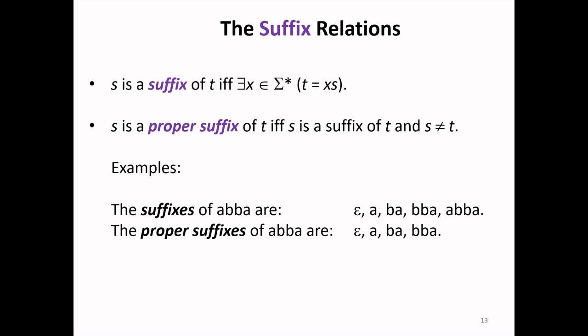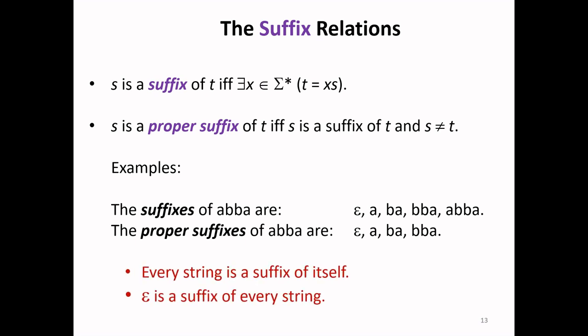Can I include ABBA as a proper suffix? No. Why? Because at that time S will be equal to T. Note that every string is a suffix of itself and epsilon is a suffix of every string.